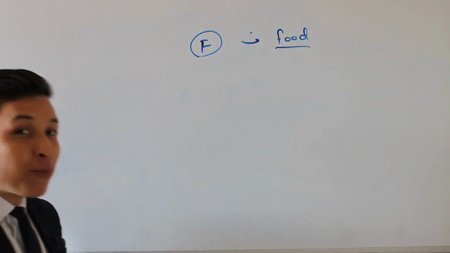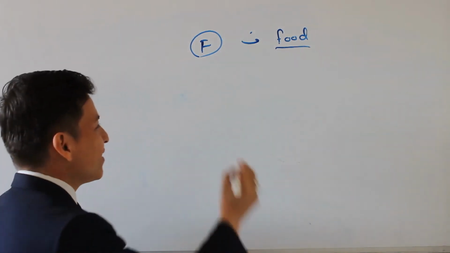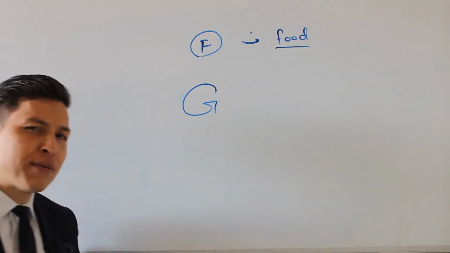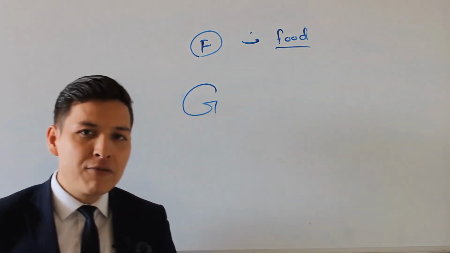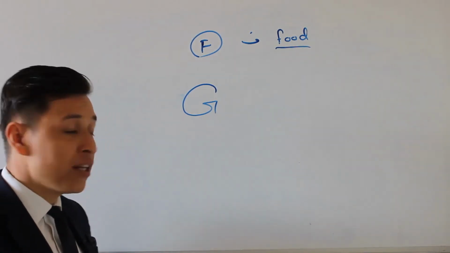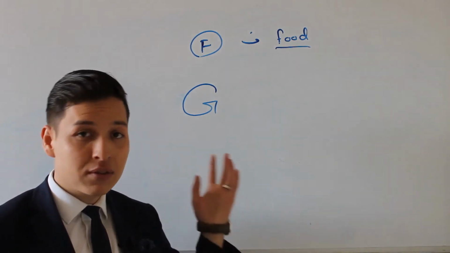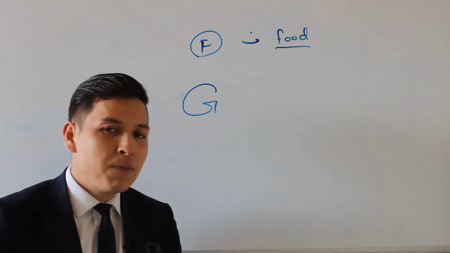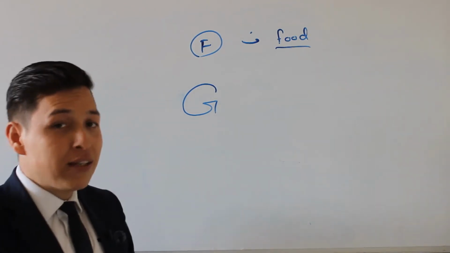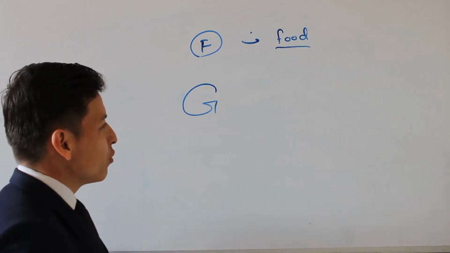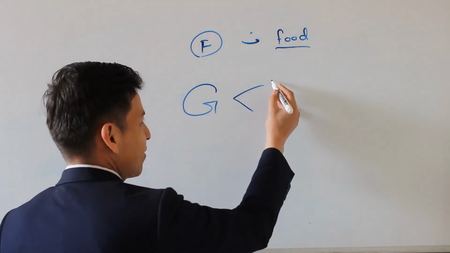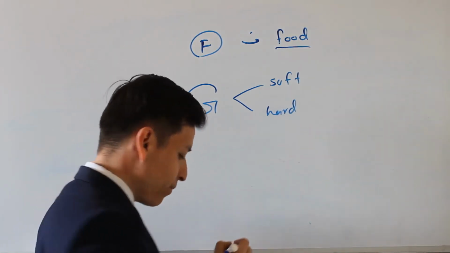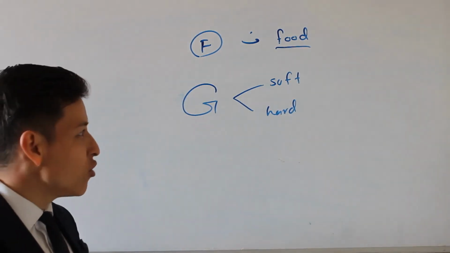Another important letter is the letter G. Letter G is also sometimes problematic for some students, and they are really confused about whether they should pronounce it G or J. Letter G is also like letter C. We have a soft G and a hard G. So what is hard G?